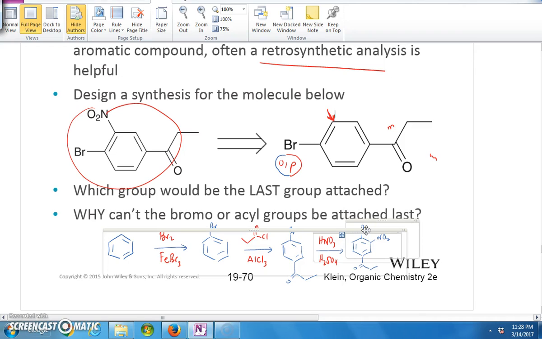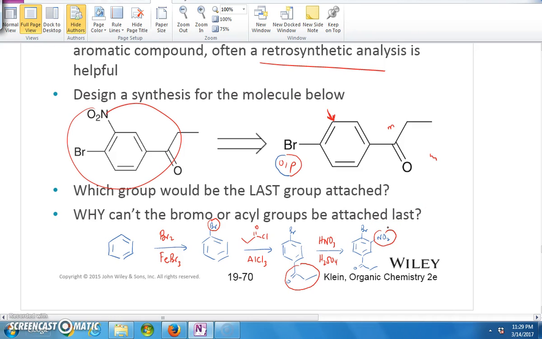Now you can see here that the relationship already is a 1,4. So you want to put the weak deactivator first, and then you carry out the Friedel-Crafts acylation, right? And then you can do the nitration last.